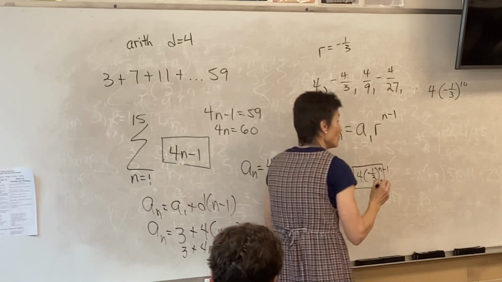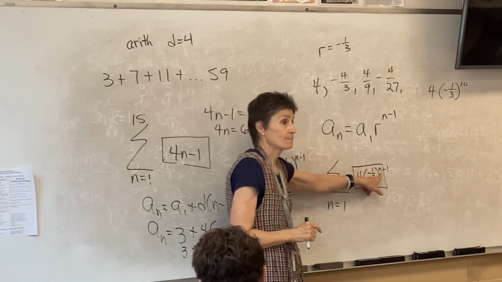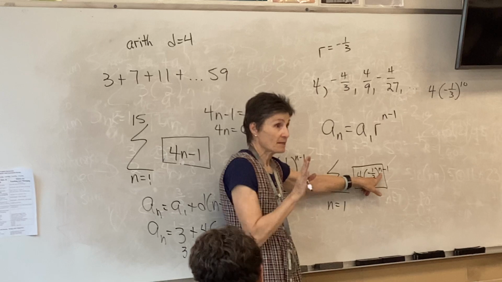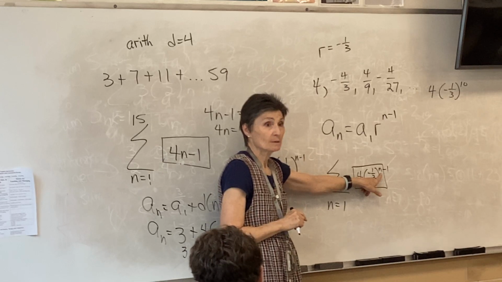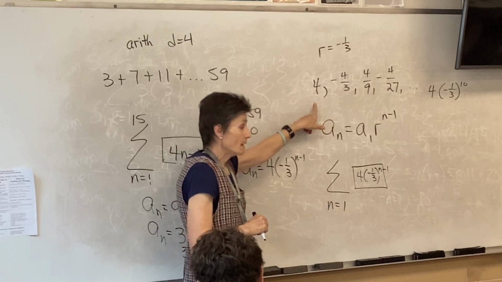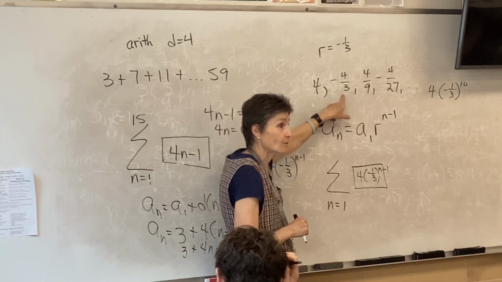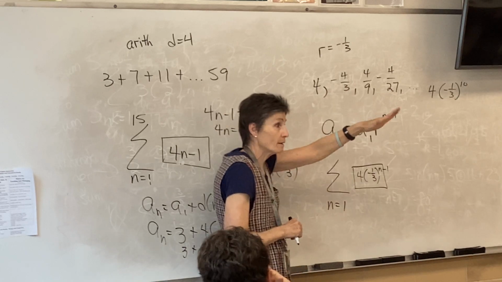So that's what goes in here. And before you ask a question, just stop and look. If you put in 1, doesn't it make your exponent 0? So isn't the first term then 4? And if you put in 2, you get 4 times negative 1/3, and so on.